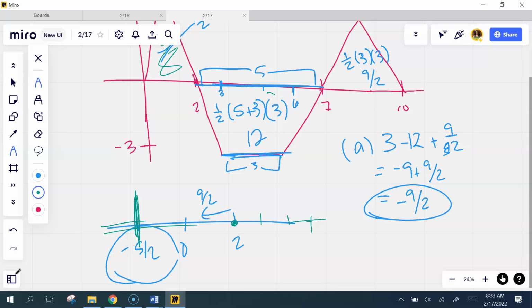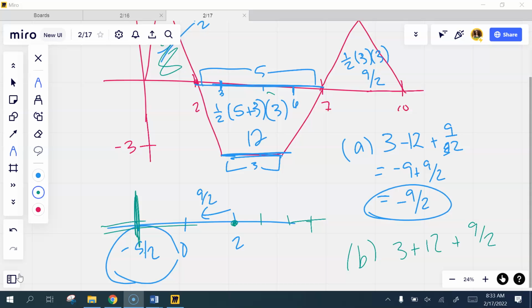Okay. So part B is where you'll make it absolute value. So instead of minus, it'll be 3 plus 12 plus 9. If it asks you for total distance traveled, it's absolute value.